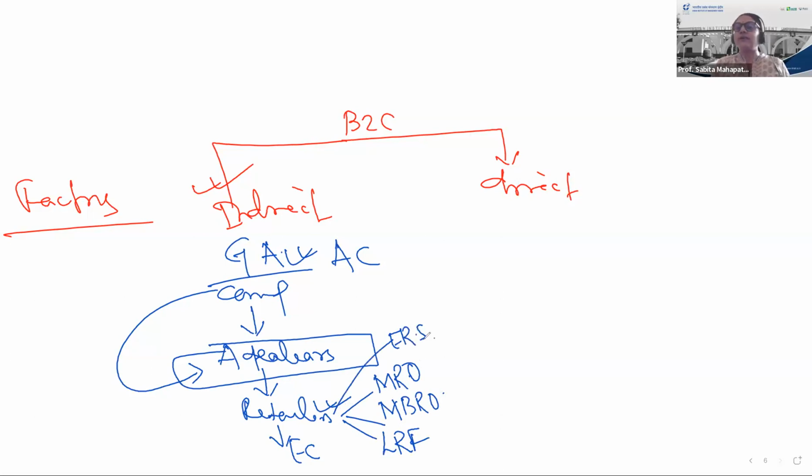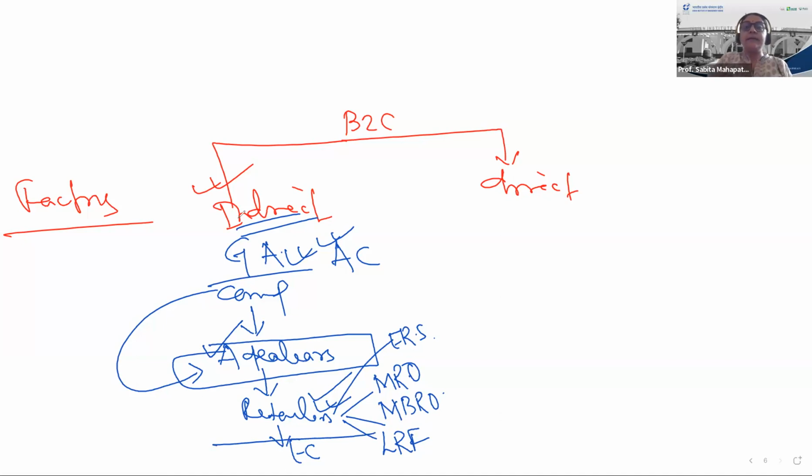So here what we are doing as Godrej company, it is using the indirect channel by appointing authorized dealers, who will be touching upon retailers, who will sell to the end consumer.